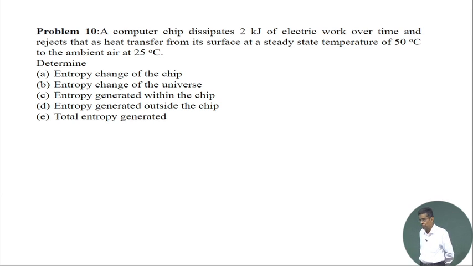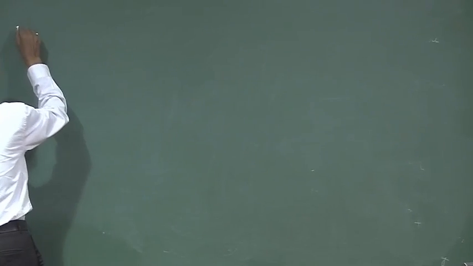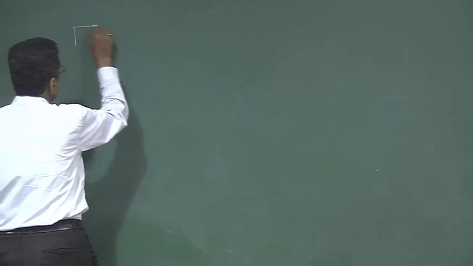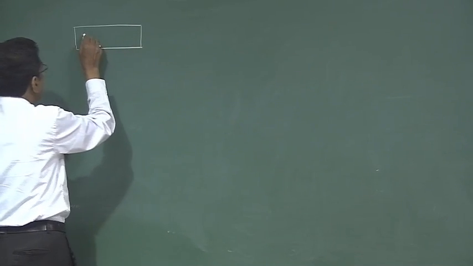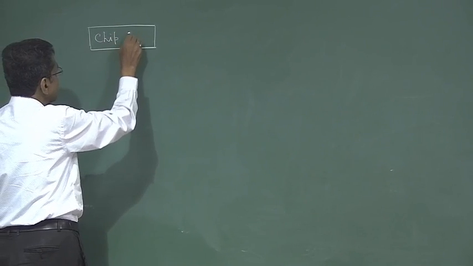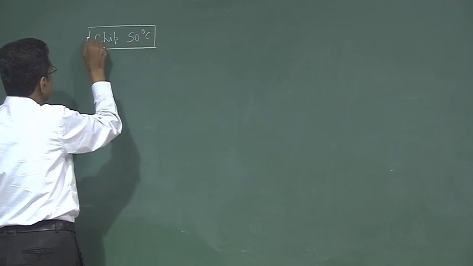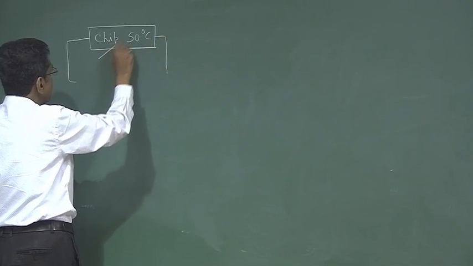This is a very interesting problem. Now you come to the board work. The problem is like this. There is a chip which is at steady state temperature 50 degrees Celsius because of an electrical work transferred to it.